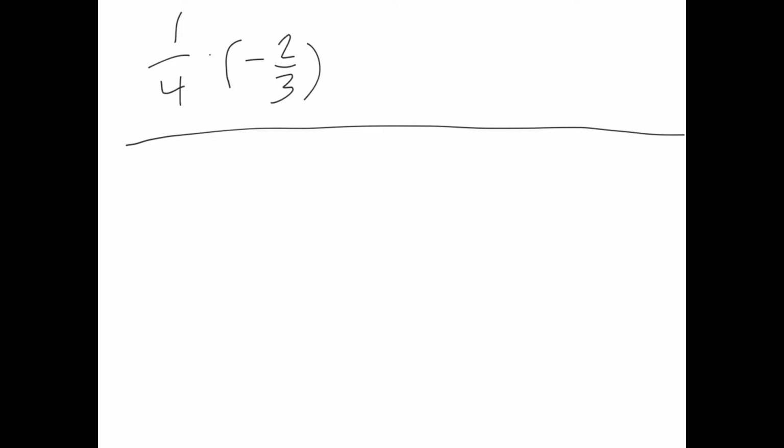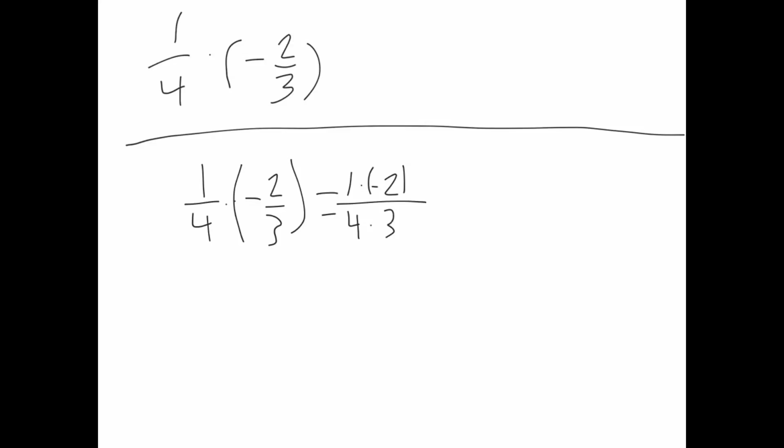So in order to multiply 1/4 times -2/3, I would write it 1/4 times -2/3, just like it's shown up there. And then I would multiply 1 times -2 over 4 times 3.